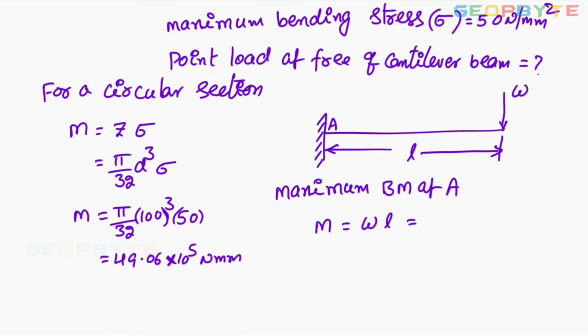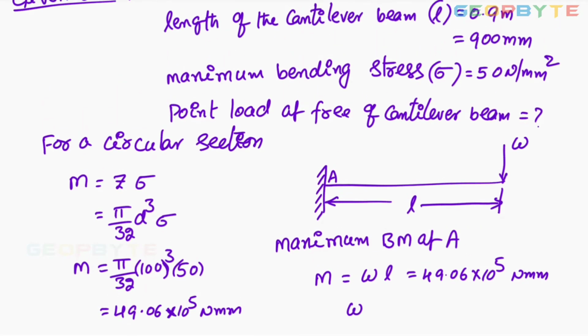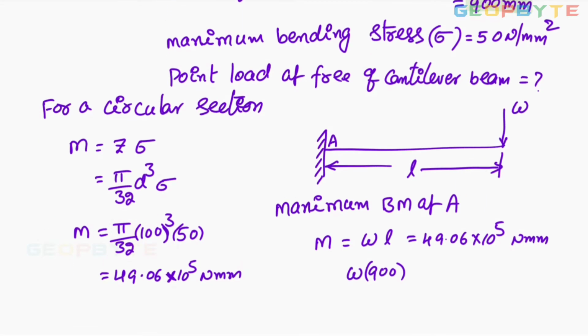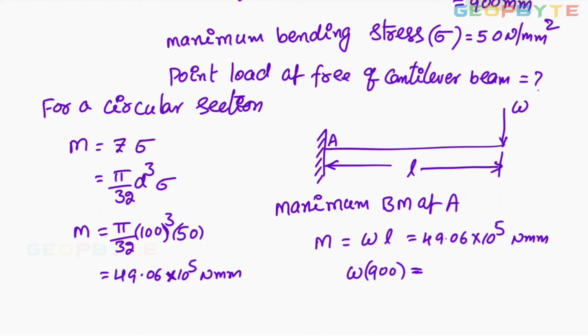It must be equal to 49.06 into 10 power 5 Newton mm. That means length should be in mm. Length is given 0.9 meters, but I should take in mm, 900 mm.